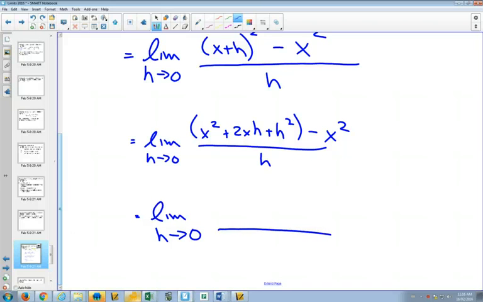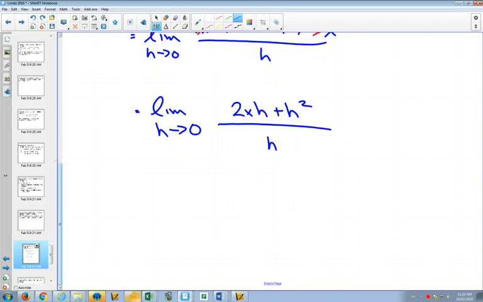How does expanding help us? Well, this x squared minus that x squared will go away, and we're left with 2xh plus h squared over h. And at this point, we can now factor out an h, because there's a common factor of h in both of those.